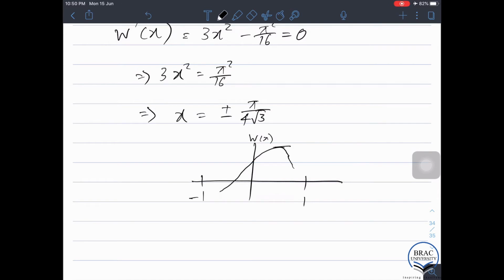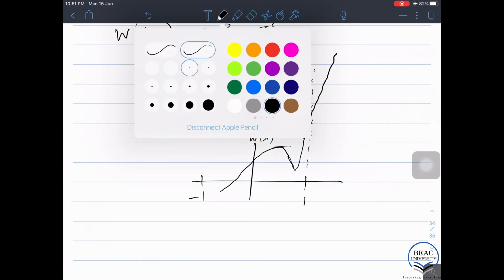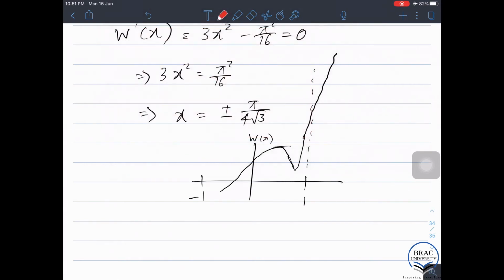A counter example will be if it keeps on going, and this is your one line, then it can keep on going like this. So you can see that in this, okay, let me use a different color, red. In this interval, this point is the maximum value, right?